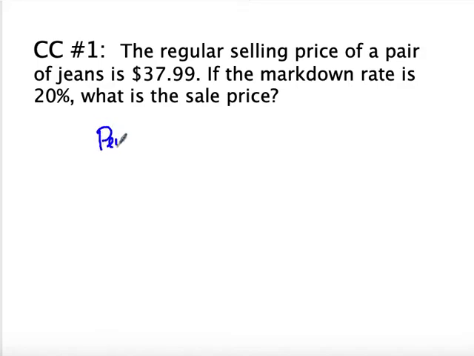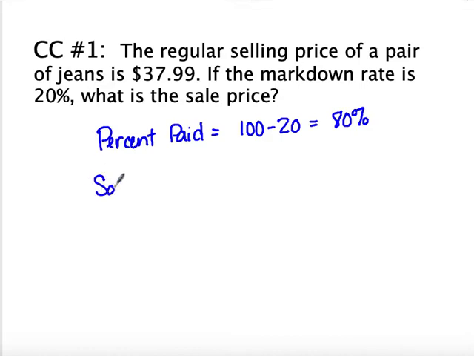So we're going to calculate that percent paid first. And the percent paid is 100 minus 20, or 80%. That's usually an easy number to calculate in your head. Now we're going to take the cost of the jeans to find the sell price. We'll take the cost of the jeans times the 80%, because that's what we're going to pay for the jeans.